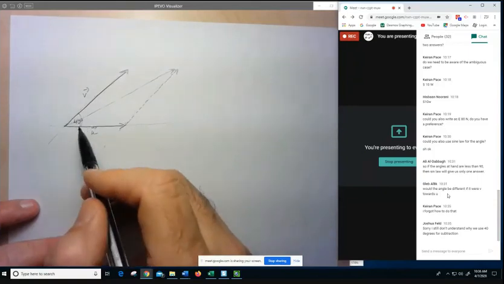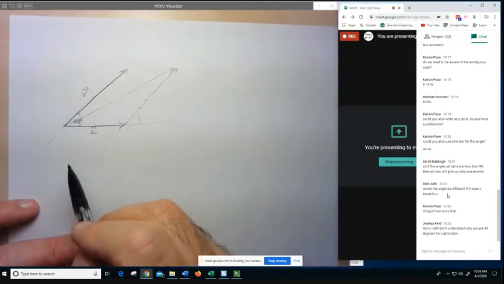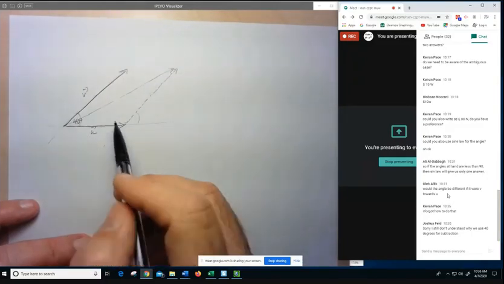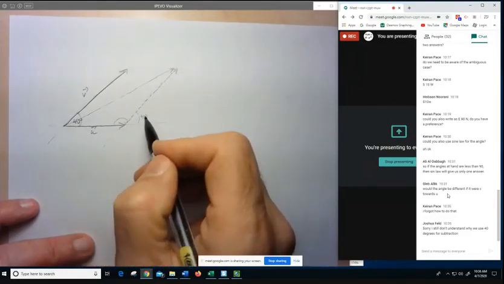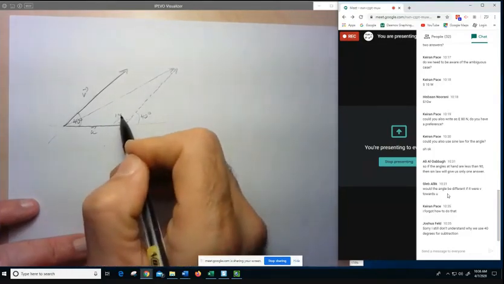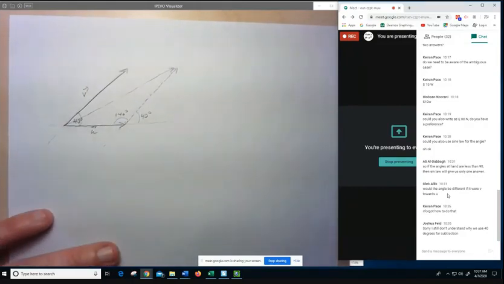So this angle 40 would be the same as this here. And there's a relationship between the obtuse and acute angles. We see that they're supplementary to each other. So if this is 40, then this would be 180 minus 40, so 140. Okay? Perfect, thank you.